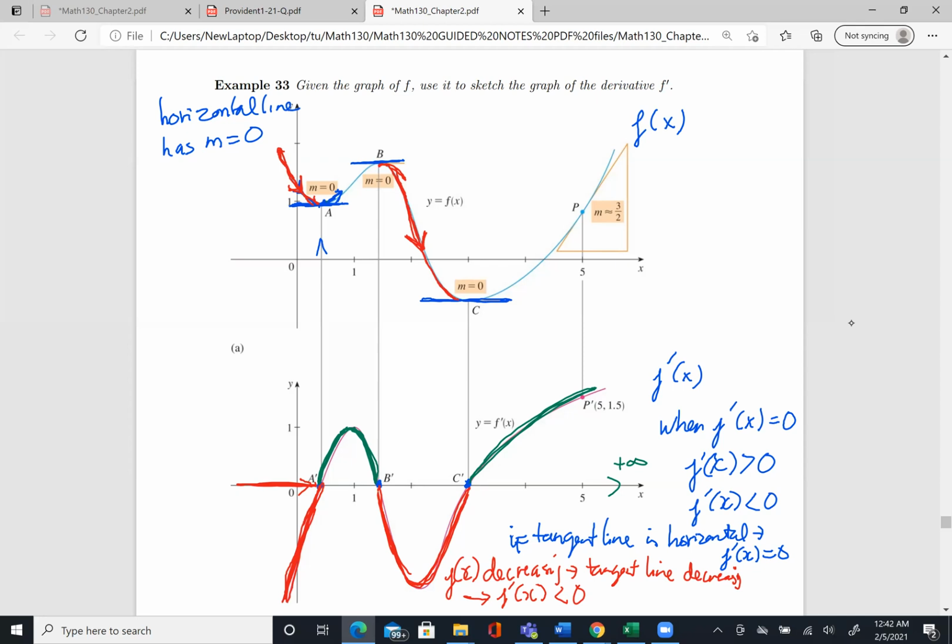You see that it's increasing from a to b, right? And then from c to positive infinity, it just keeps going up. It's just increasing. See that? Increasing.